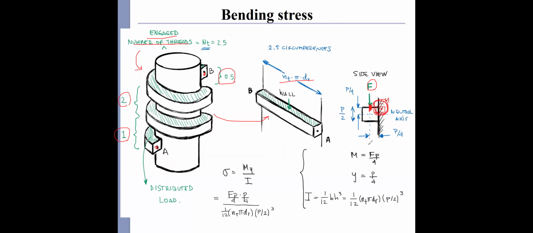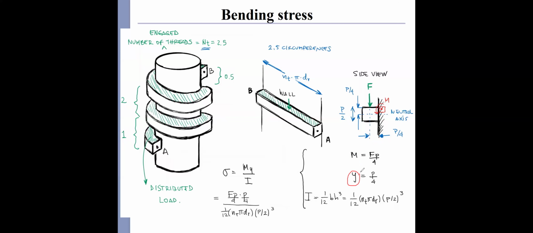So we can simply calculate the moment applied to this critical element. The distance here is half of p, where p is the pitch. Therefore, the moment applied to that critical element equals Fp over 4, and y equals p over 4, where y is the distance from the neutral axis to the surface.